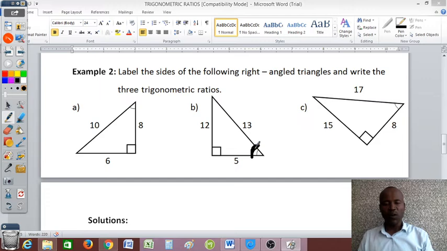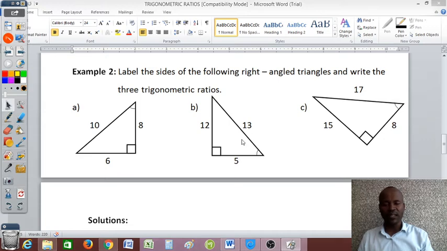So the side which is opposite to it is 12 units, and opposite means the side opposite to the given angle, and hypotenuse means the side opposite to the right angle. So that side is the hypotenuse, with length 13 units. So sine is opposite divided by hypotenuse. That means 12 divided by 13.